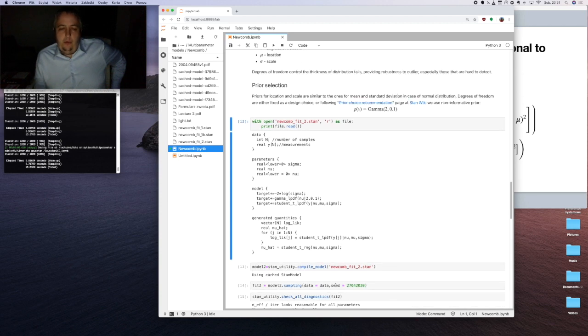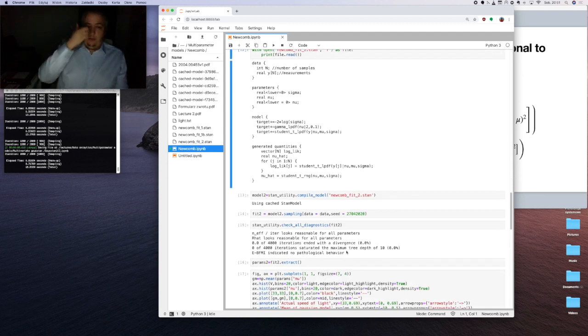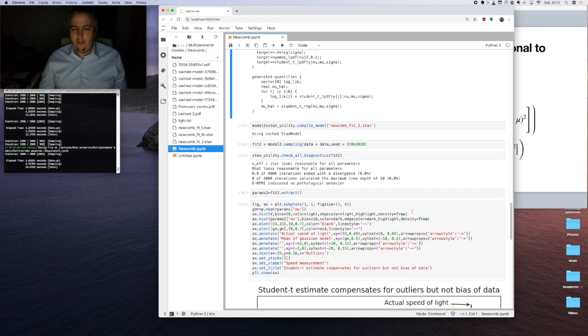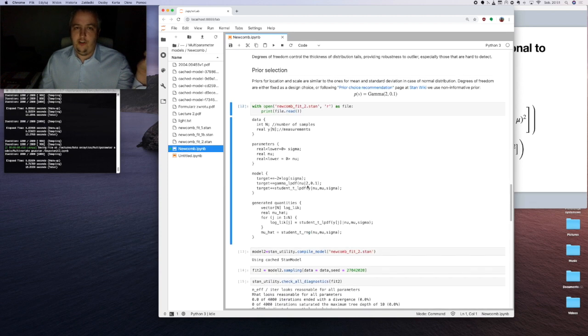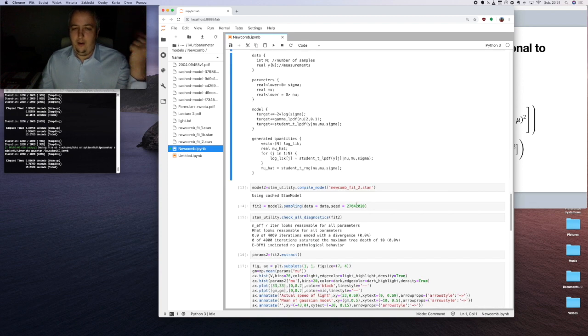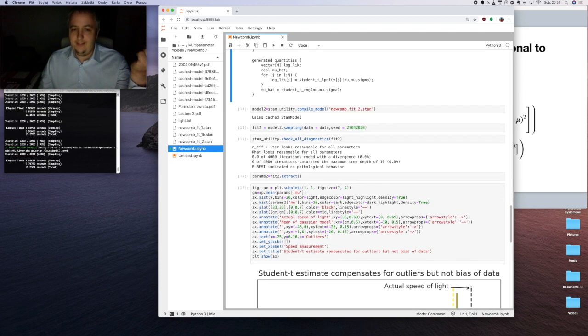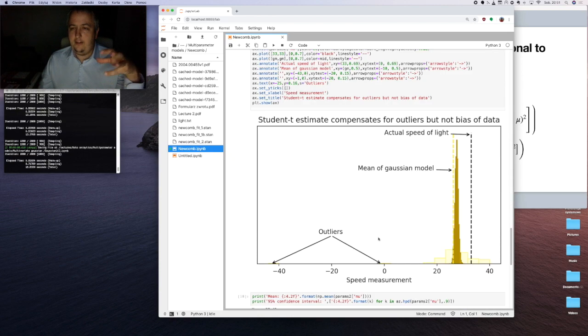Again, we won't be discussing this part at the moment because it won't be useful for our analysis. And what we are doing here, again, compilation, we fit our model using Stan, providing the same data as before because nothing changes in this regard. We provide it with a seed, everything works very nicely. We get our parameters and we can get another histogram.